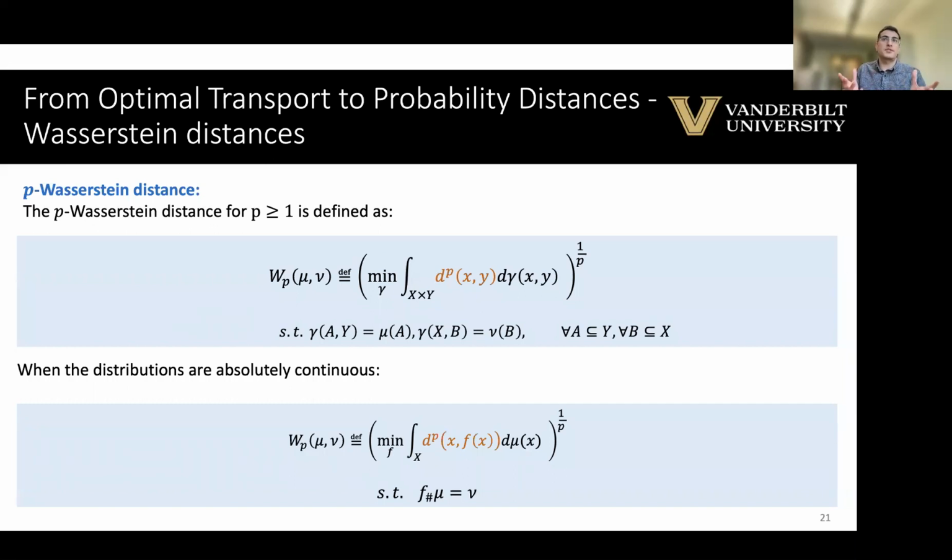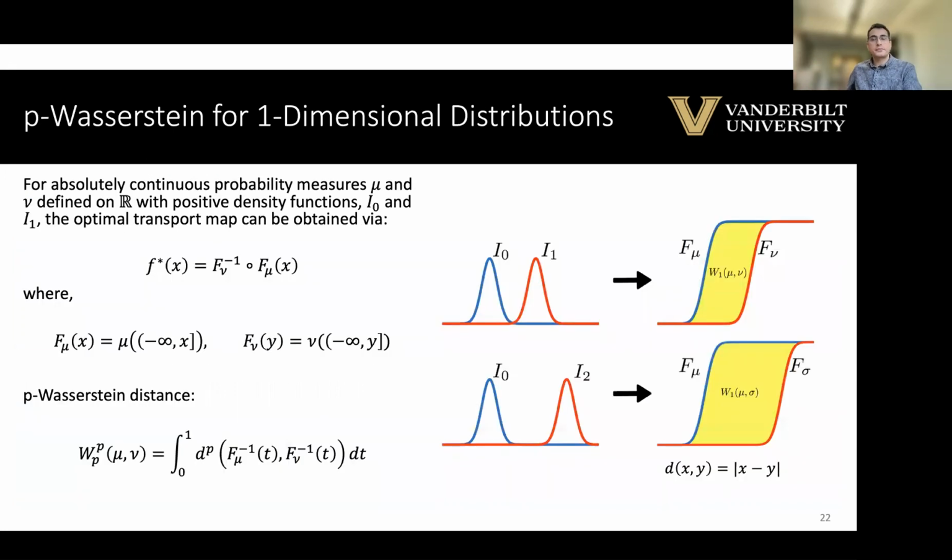For example, in graphs, when we're comparing different graphs, we can have many, many nodes in these graphs, right? So n can be very large. But a good news is that the p-Wasserstein distance for one-dimensional distributions can be calculated very efficiently.